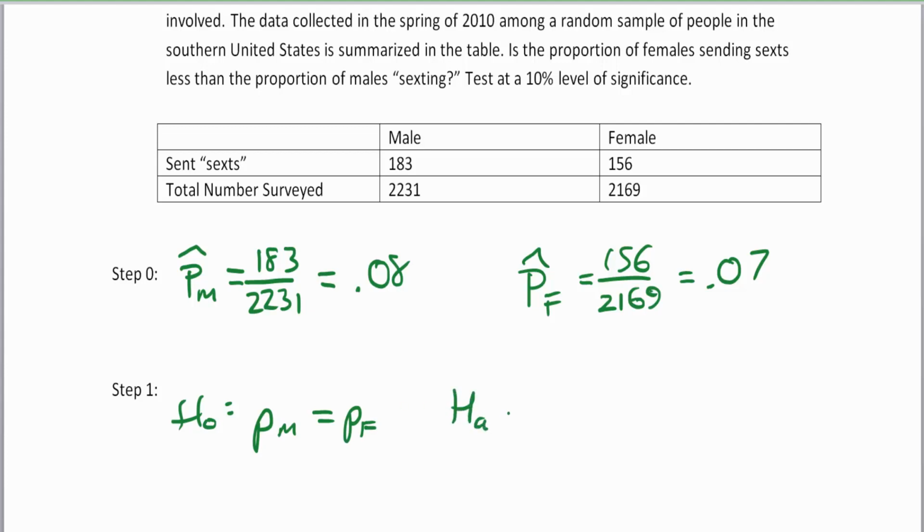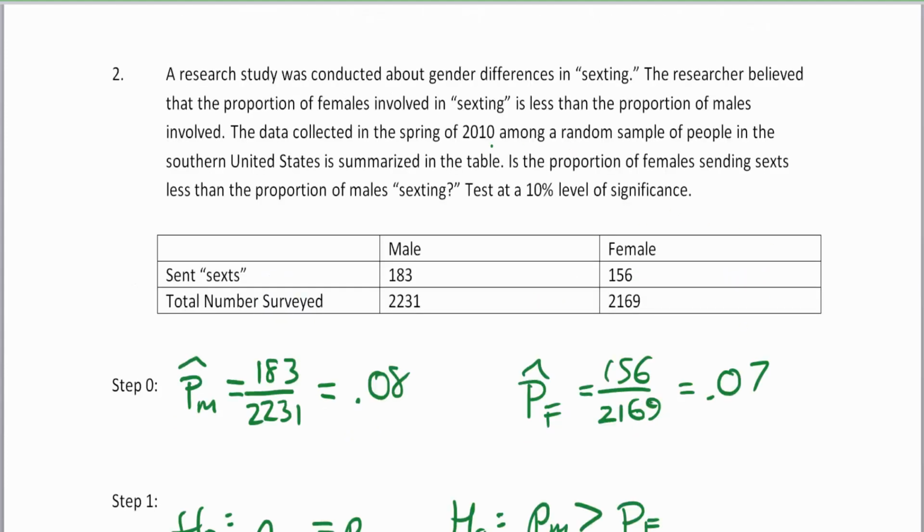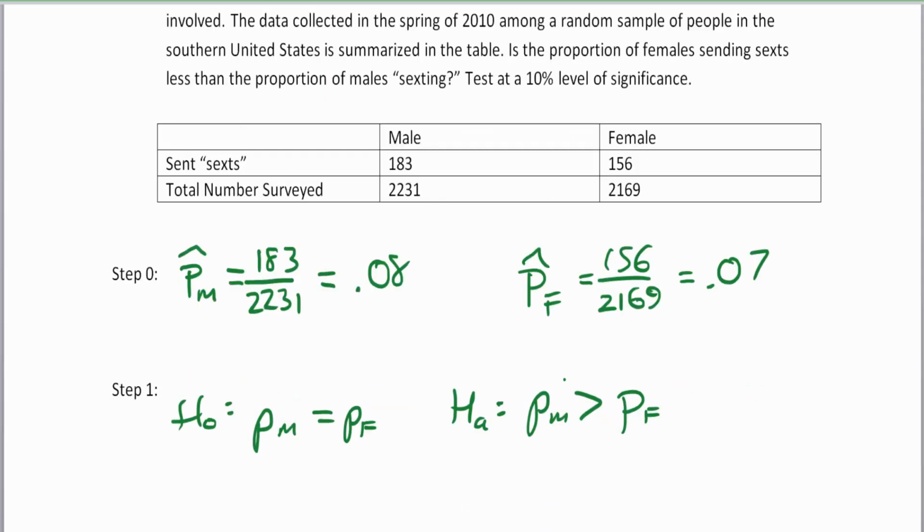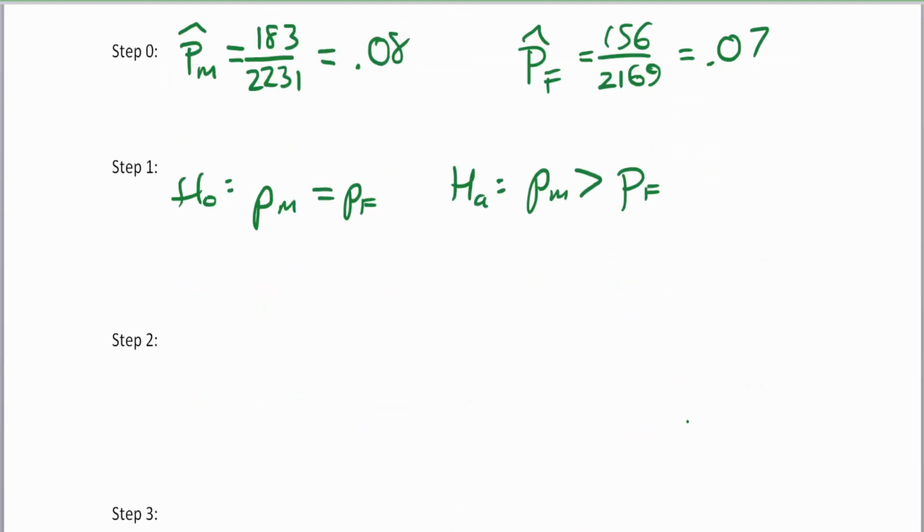And our alternative is going to be p sub m is greater than p sub f. Because they think, according to here, that the proportion of females involved in texting is less than the proportion of males. So that would make the males greater than females.